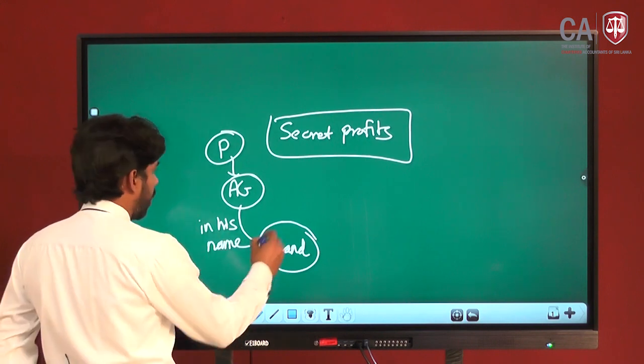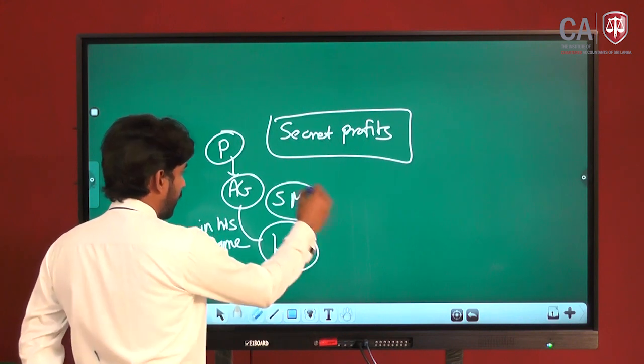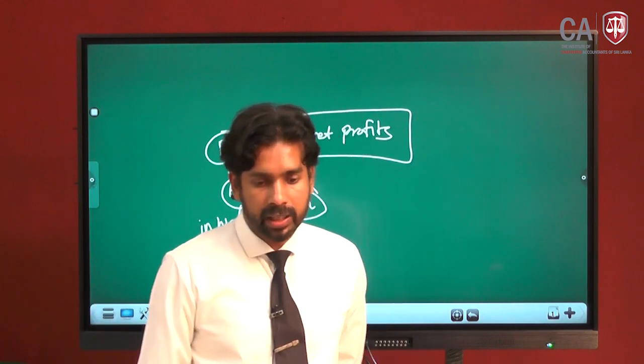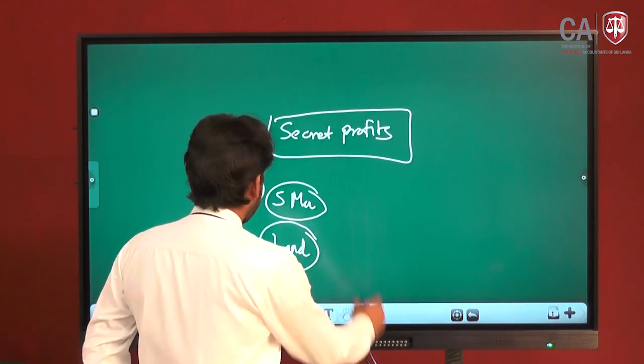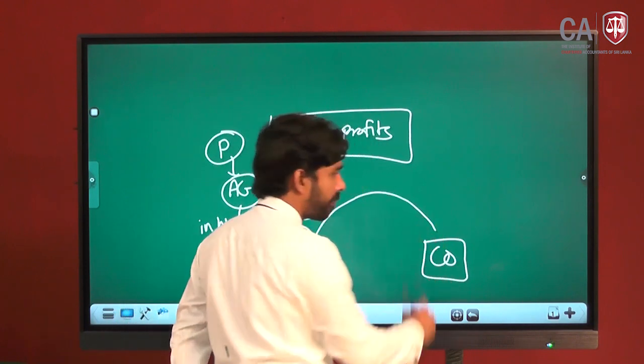Let's say for 5 million. He has purchased this land in his name for 5 million. Then he has immediately sold this land to the company.